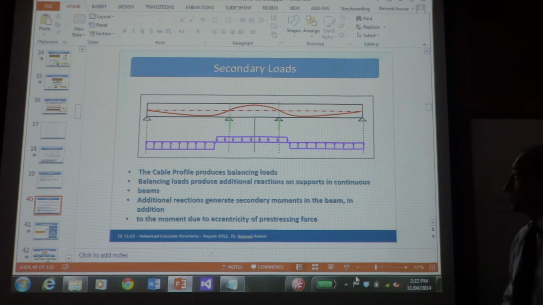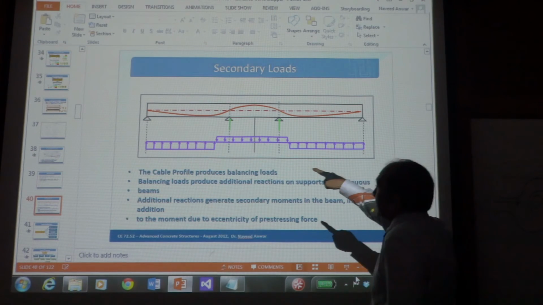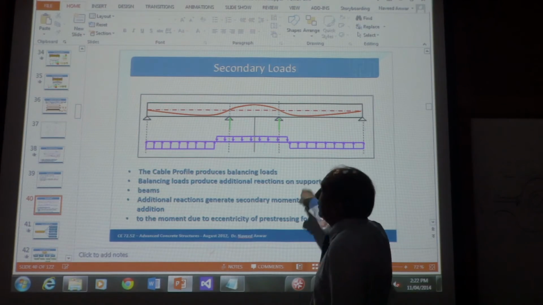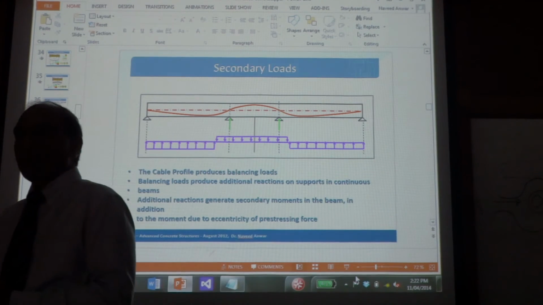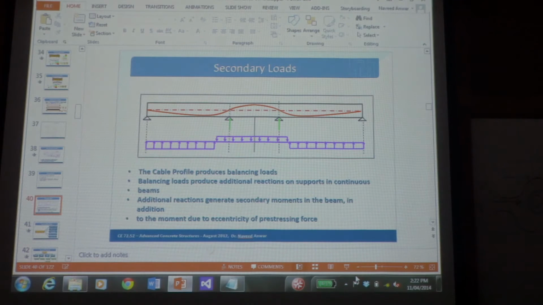Okay. So that concept creates this secondary load effect on the beam. That means when you put the cable like this one, it creates a loading on the beam, just like I mentioned to you, you hang a cable there and you try to pull it. It will try to straighten up and it will lift something up.